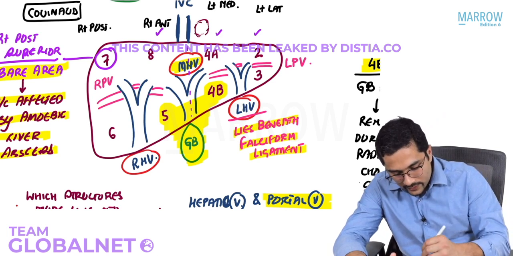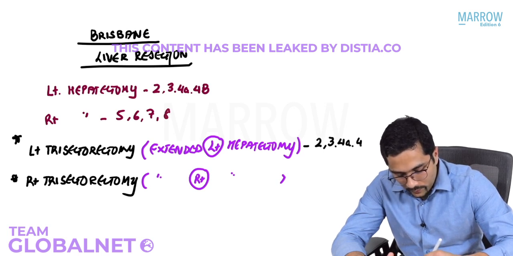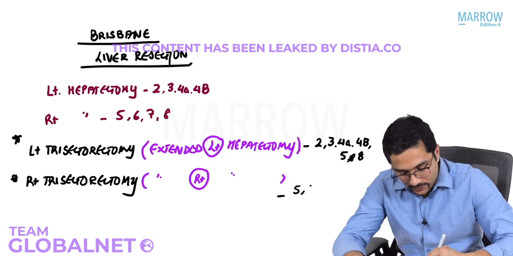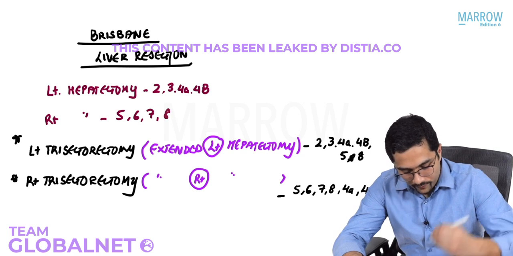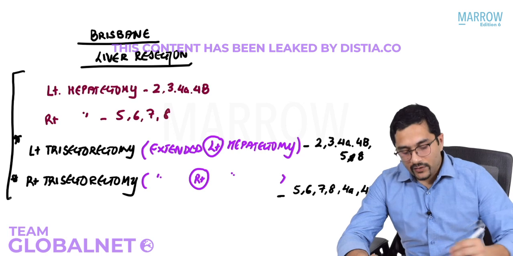So if you have to write here, left trisectorectomy will be 2, 3, 4A, 4B and 5 and 8. Okay. And right trisectorectomy will be 5, 6, 7, 8, 4A and 4B. Right, so these form the Brisbane classification of liver resection.